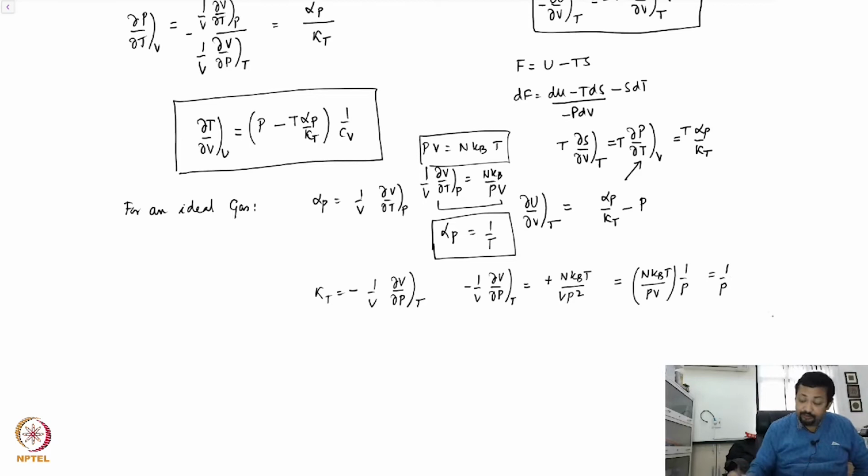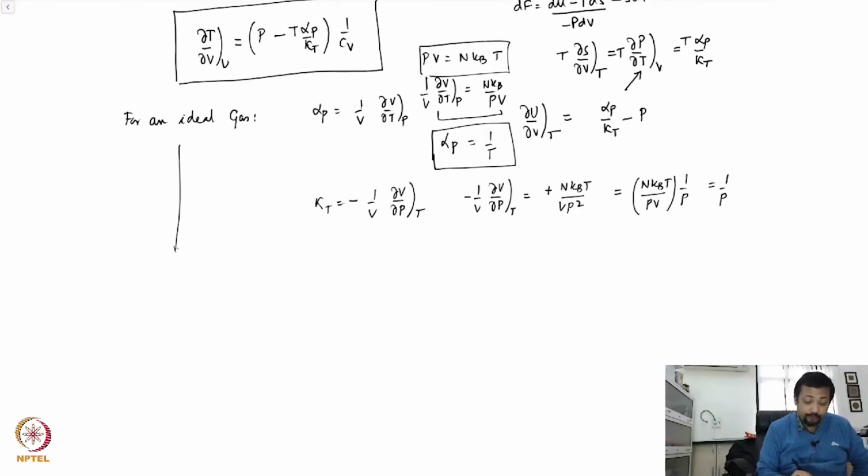So you see, for an ideal gas, it follows that (∂T/∂V) at constant U is going to be pressure minus temperature times α_P, which is 1 by T, and κ_T is 1 by P, so that this becomes this, and you have this 0.